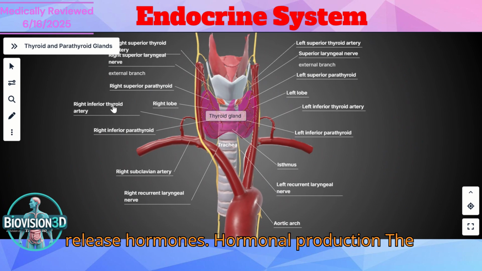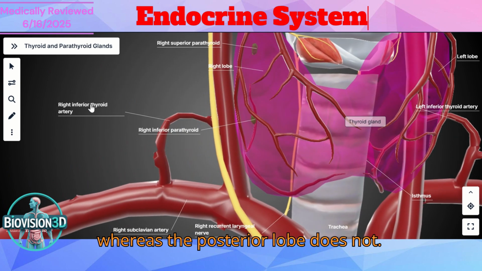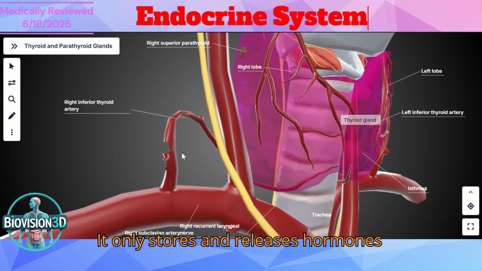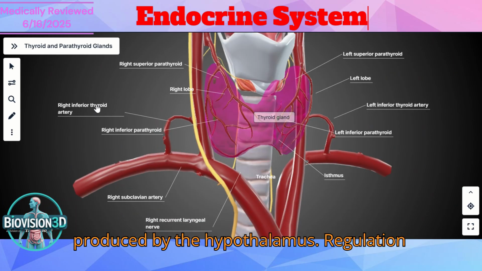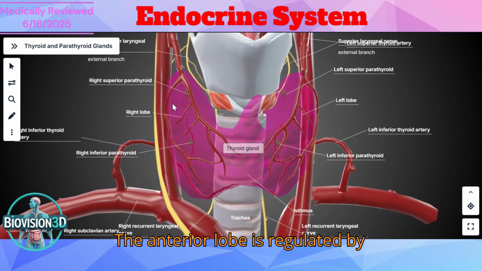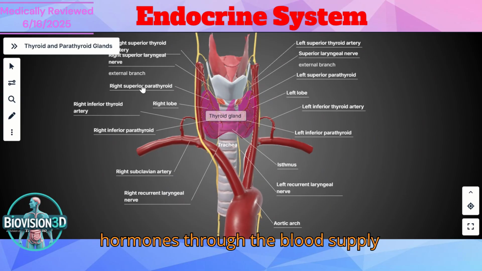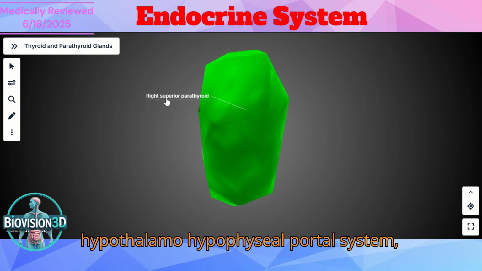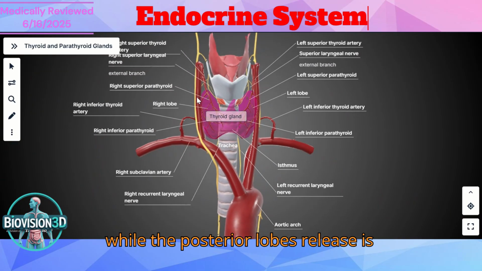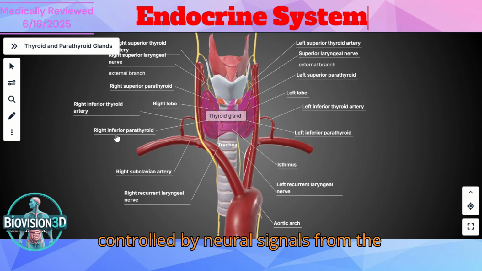Hormonal production: the anterior lobe synthesizes hormones, whereas the posterior lobe does not. It only stores and releases hormones produced by the hypothalamus. Regulation: the anterior lobe is regulated by hypothalamic releasing and inhibiting hormones through the blood supply, the hypothalamo-hypophyseal portal system, while the posterior lobe's release is controlled by neural signals from the hypothalamus.